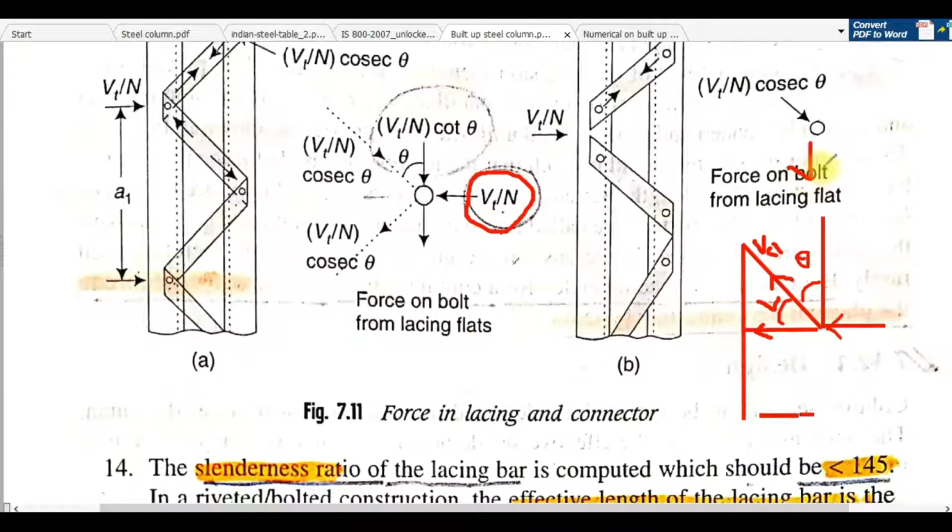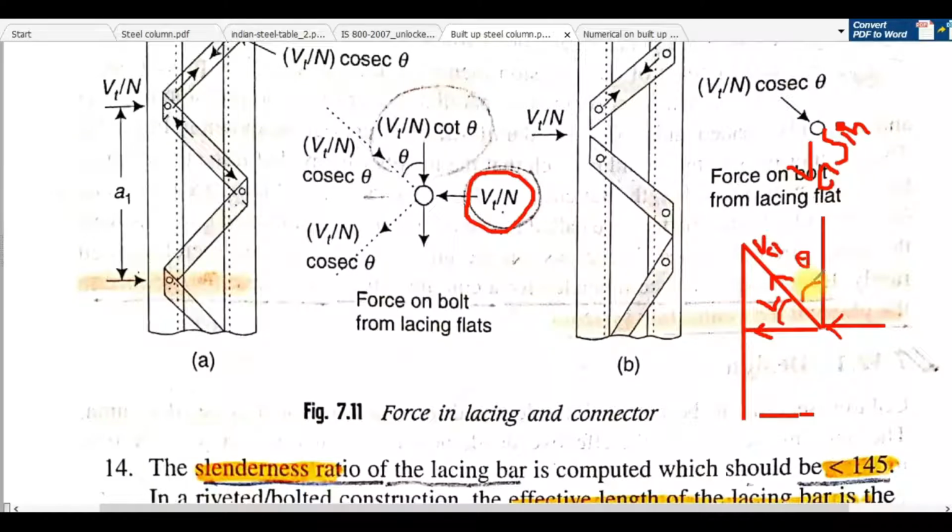So it will be Vcl cos, or you can write, if you take this angle theta, then this component will be sin theta. So let us directly write this sin theta, because this angle is theta.